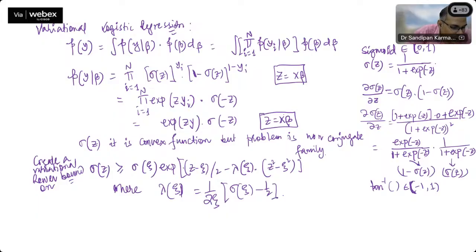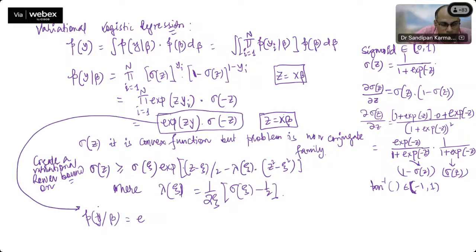So now we can write the likelihood P of y given beta. Can you understand why this particular thing had come? It is going to be used here.